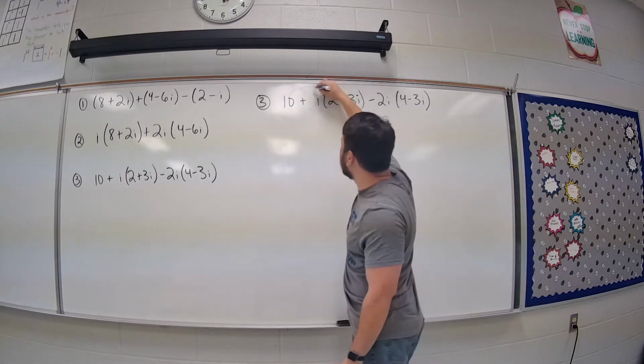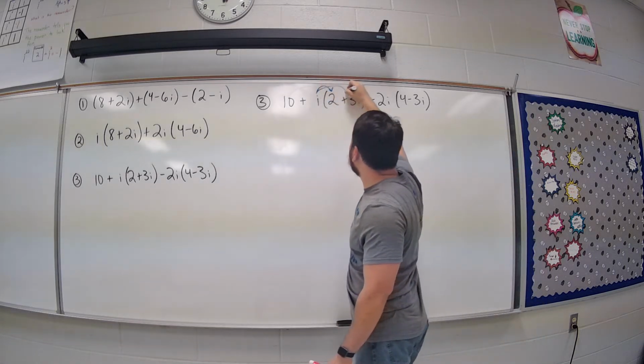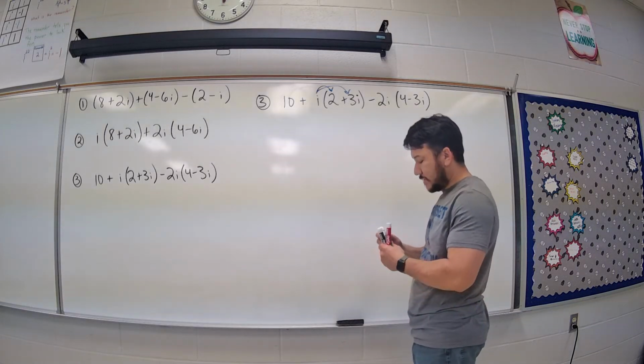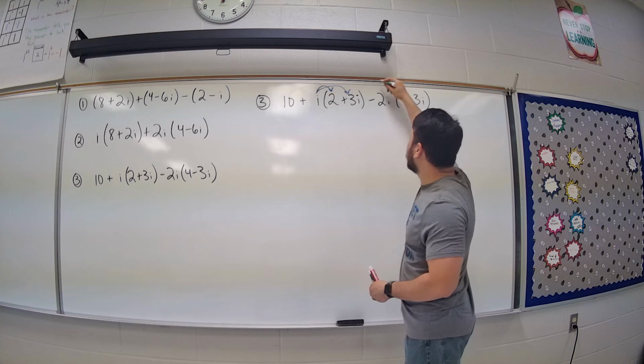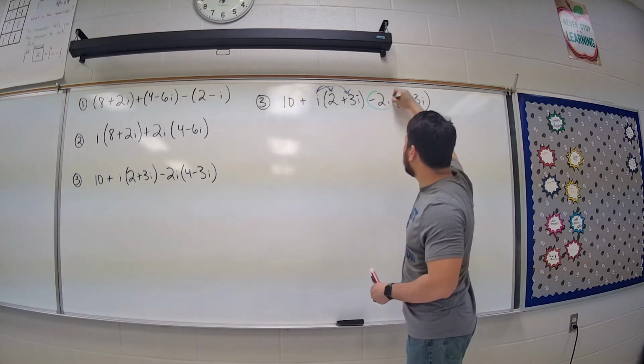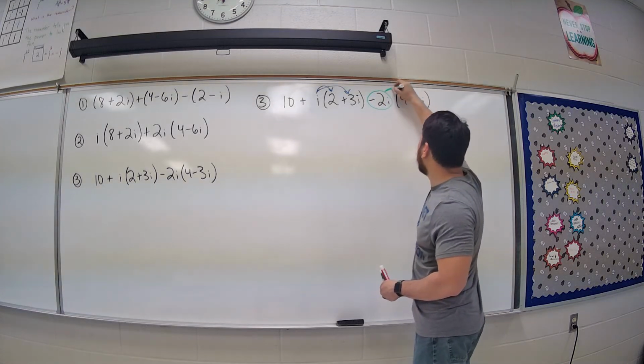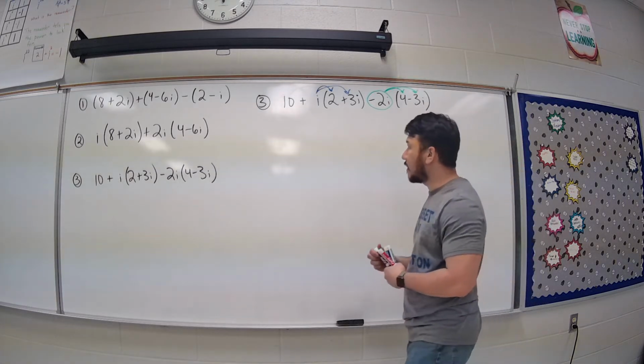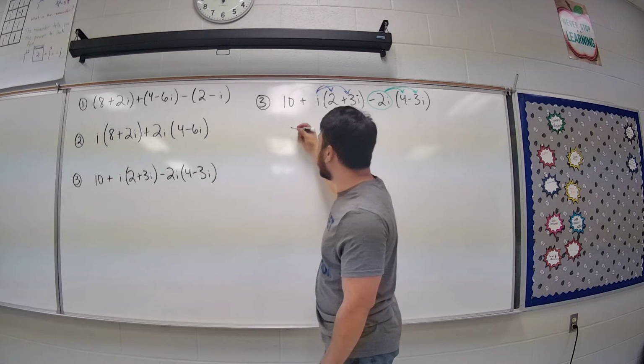First thing I'm going to take care of is I'm going to distribute. I'm going to distribute this i here, and at the same time, I also want to make sure I have this negative 2i here, and I distribute it to everything inside this parentheses. So what I'm going to have here is that 10 is going to stay by itself.